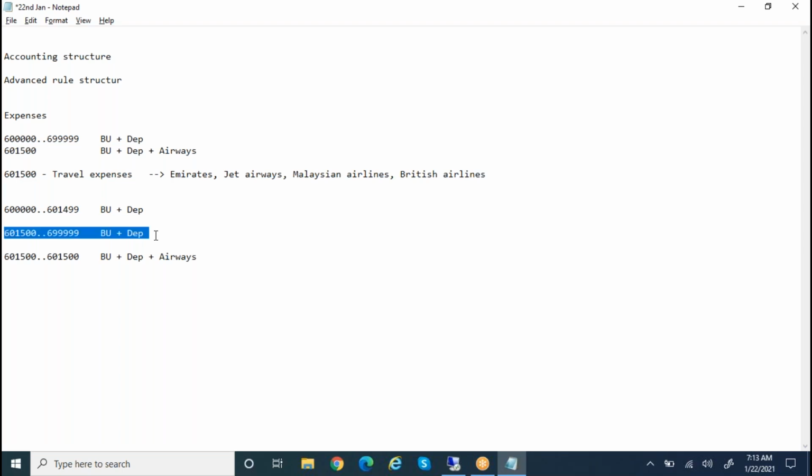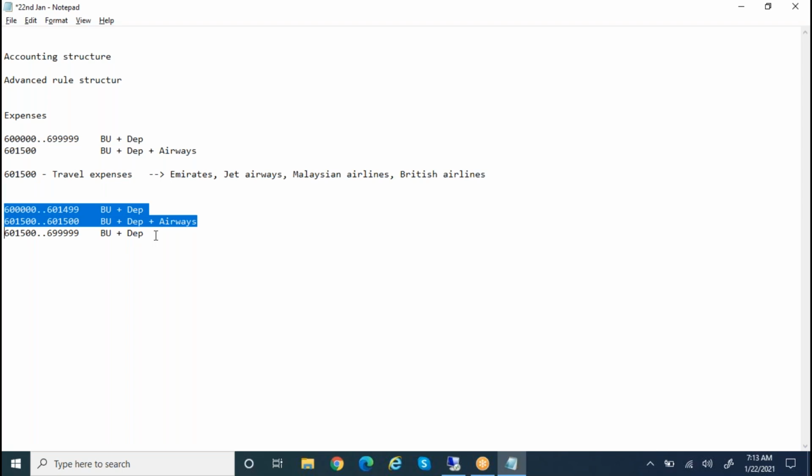Agree with me? This is my design. I need to configure like this. Agree with me on this one, everyone? If I want like this, the third one should be 5012699999. Yeah, exactly, sorry. This is the design I need to configure.